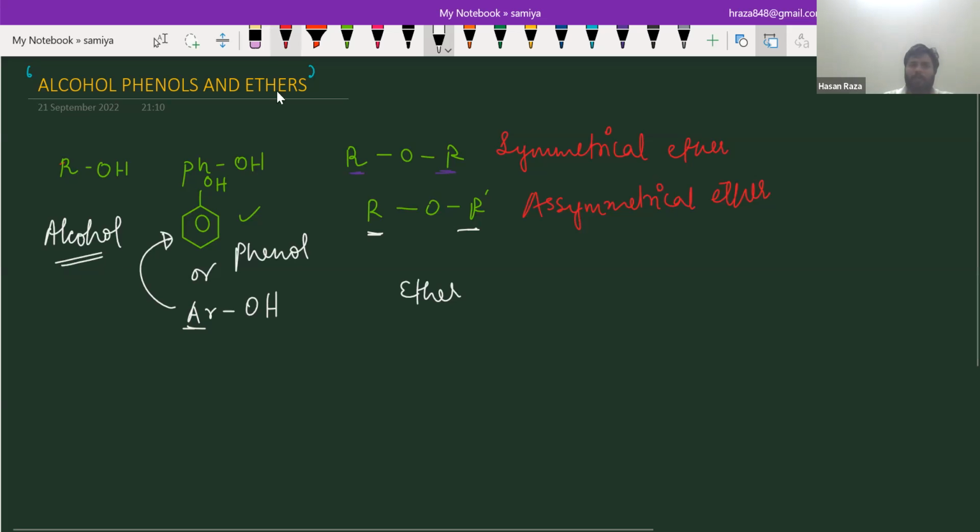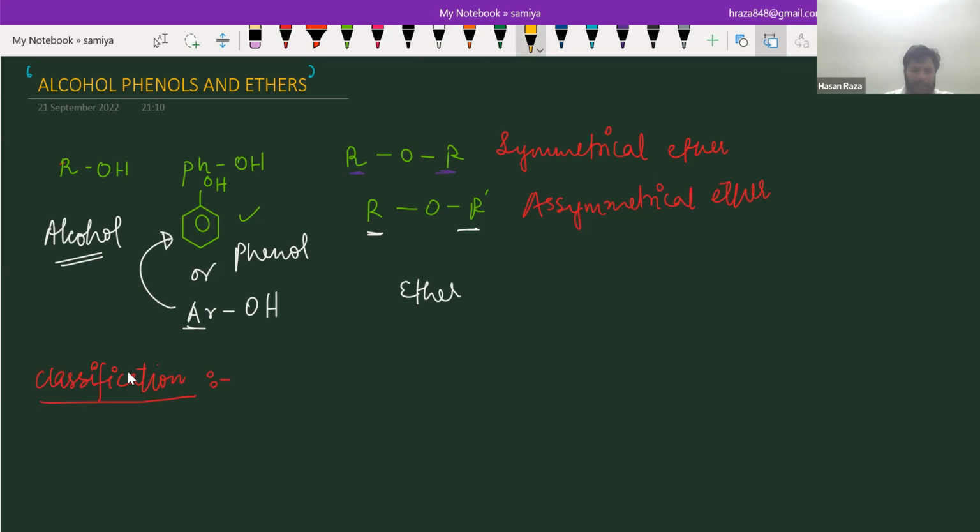So first of all, we need to know the general formula that I wrote here. Now we will go for classification, which is very important. Classification is the same as we did in haloalkanes and haloarenes. There is a basis on which we are going to classify it.